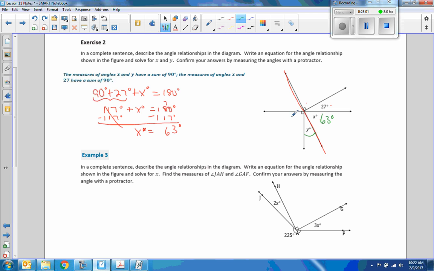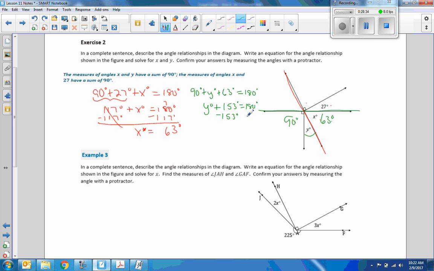So I will write that here. This is 63 degrees. But guess what? Now I can find y, because this is 90 degrees. So I can say 90 plus y plus 63 equals a straight line, which is 180 degrees. So it's going to be 90 degrees plus y degrees plus 63 degrees equals 180 degrees. 90 plus 63 are my like terms. 90 plus 63 is 153 degrees equals 180 degrees.